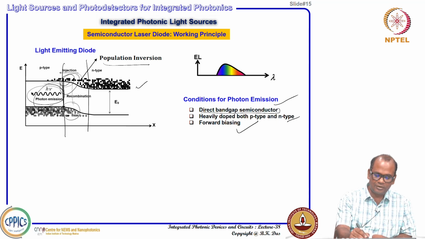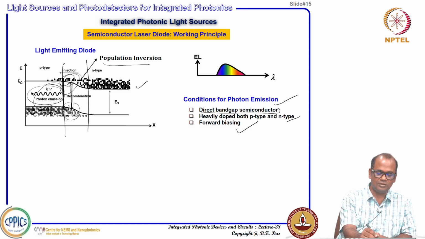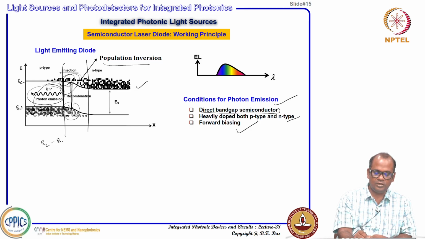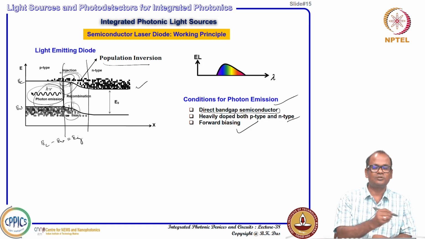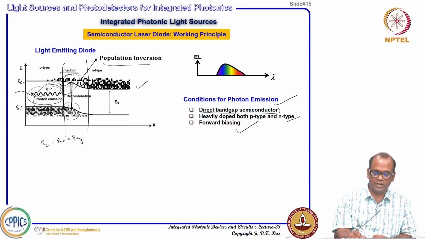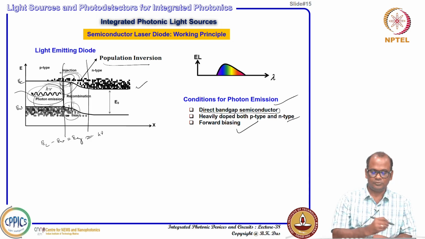Then when electrons and holes recombine, if you see this separation, this is EC and this is EV, that means EC minus EV equals EG, that is called the band gap. So, when a photon comes out, the photon energy should be around h nu, or h cut omega.